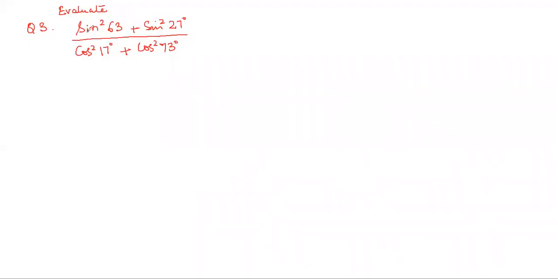Now see, in this question, you need to evaluate this expression. This is a mixture of complementary angles as well as identities. Here you will apply both the formulas. So children, see this angle 63 degrees and 27 degrees.